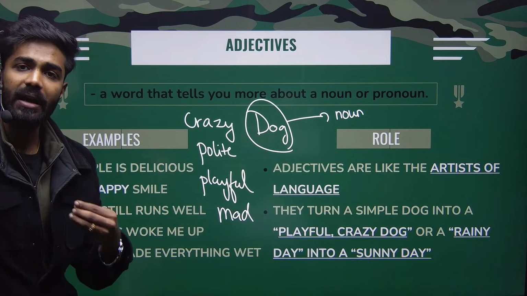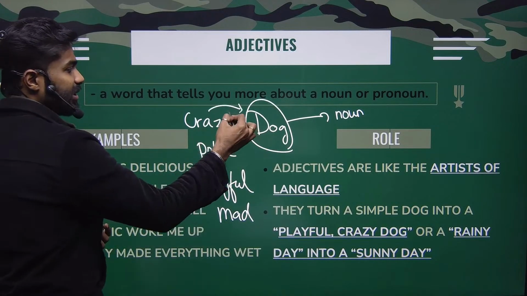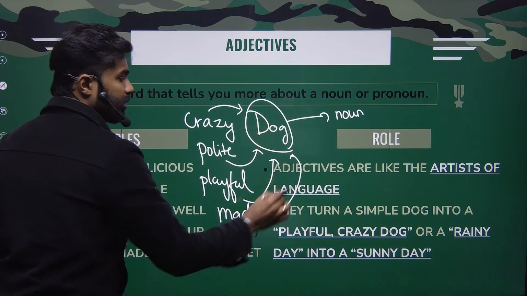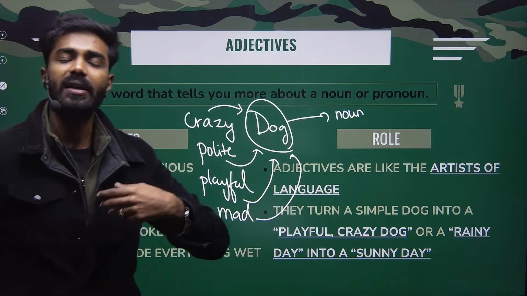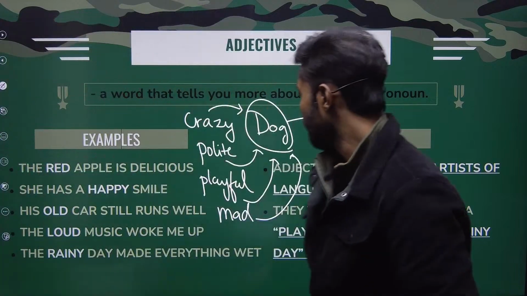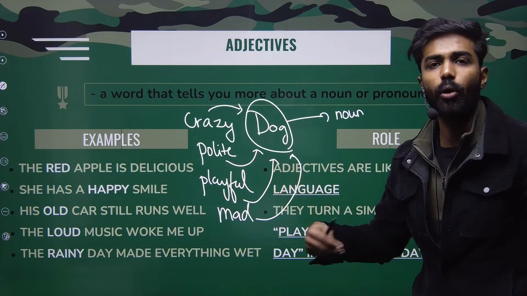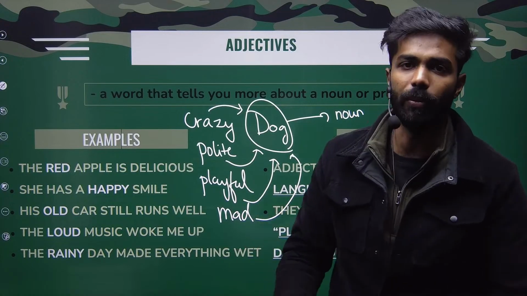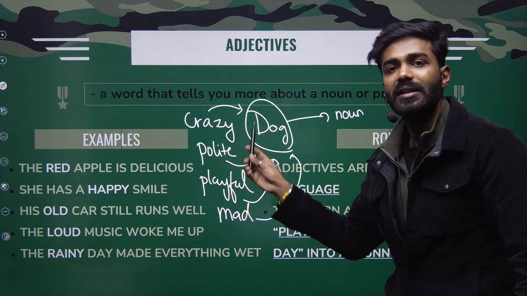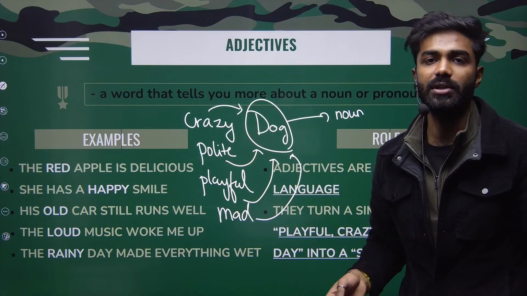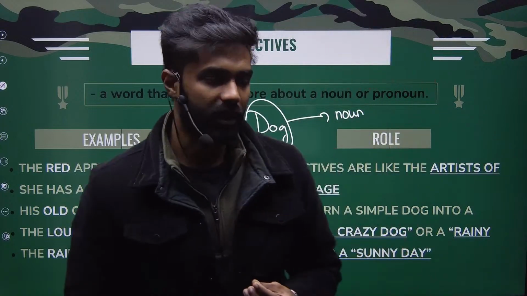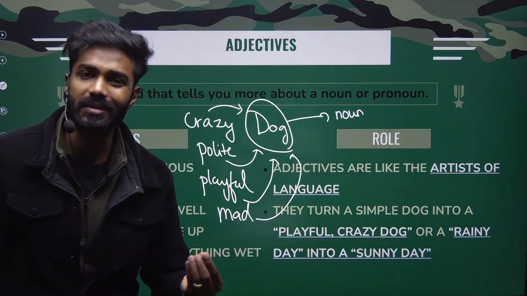But if I'm adding an adjective, see, crazy dog, polite dog, playful dog, mad dog. These are giving varieties of meanings, right? If I'm saying polite dog, it means an obedient, a disciplined, a well-trained dog, right? If I'm saying a playful dog, it means which is very playful, it is not obeying or anything. So if you change the adjective, the whole meaning might change, all right? So that is why we call them my artists of language.